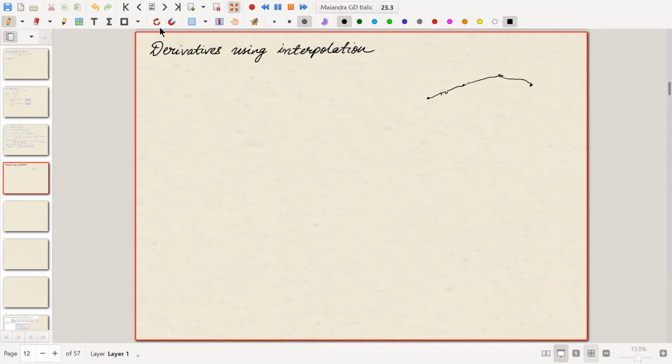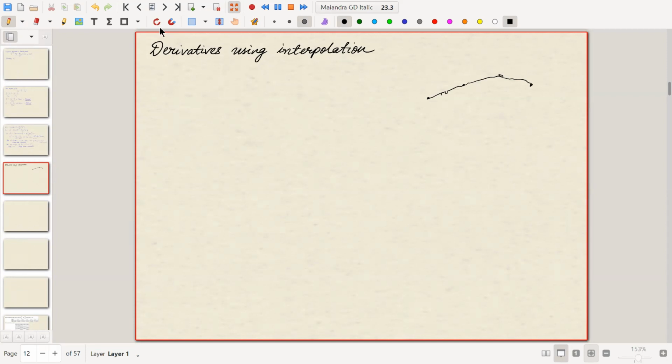So this is interpolation. The same thing we will be looking at in today's lecture. Each piece is a polynomial. That's the meaning of interpolation.